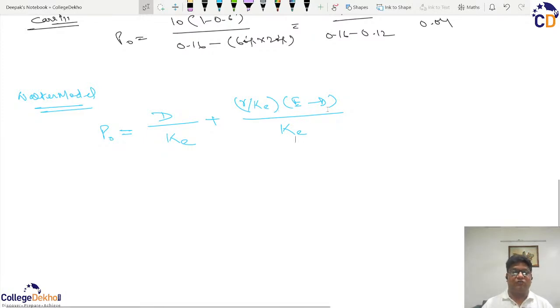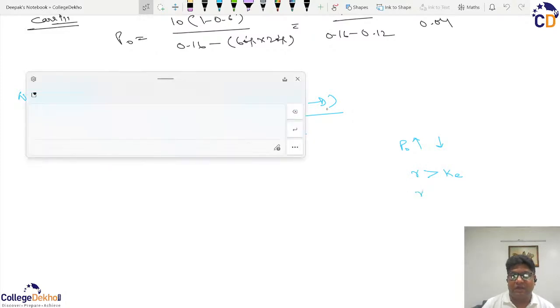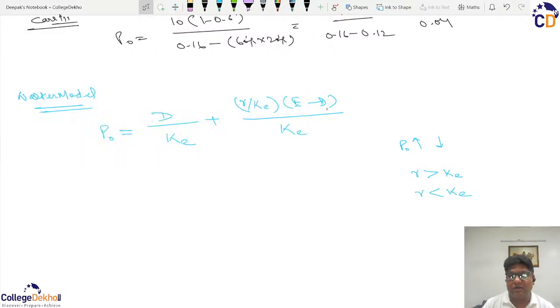So you also find here that whether the market price will increase or decrease depends on whether R is more than KE, less than KE, or equal to KE. I can tell you simply that if R is equal to KE, then the DP ratio does not affect the market price.